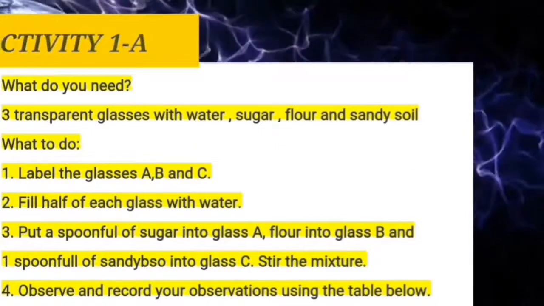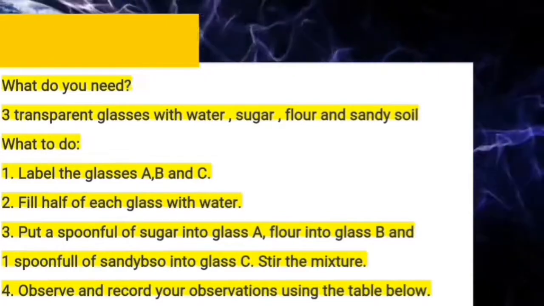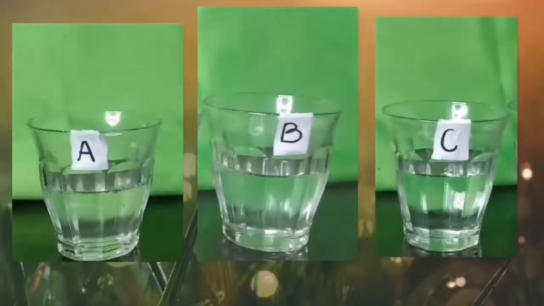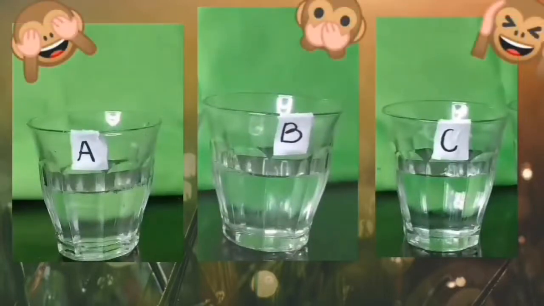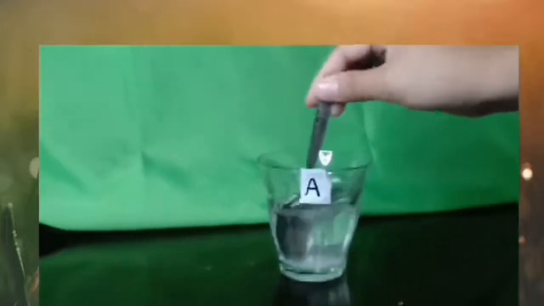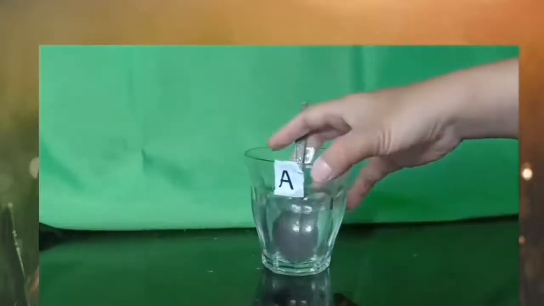Kailangan nating gumamit ng 3 transparent glasses with water, sugar, flour, and sandy soil. Tatakan natin ng letrang A, B, C ang bawat baso at lagyan ito ng tigkakalahating tubig. Sa glass A, ilagay na natin ang sugar at haluin ito ng 3 to 5 minutes.